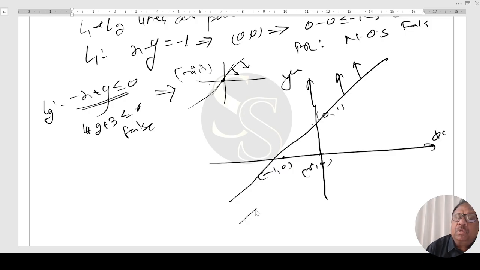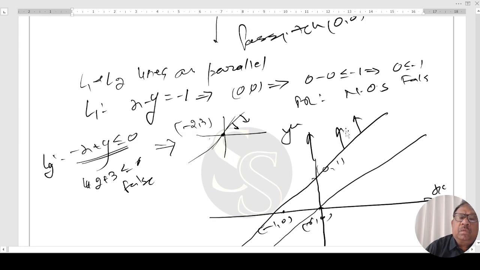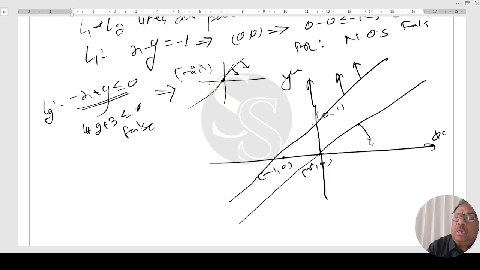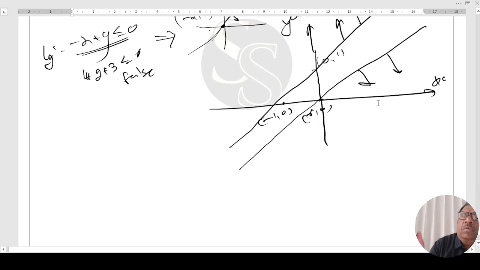The second line is parallel to this. In this case, 2 plus 3 is false, so it will not lie in the second quadrant. It is like this. The first quadrant says go this way, this one says go this way. So there is no common region, no feasible region.